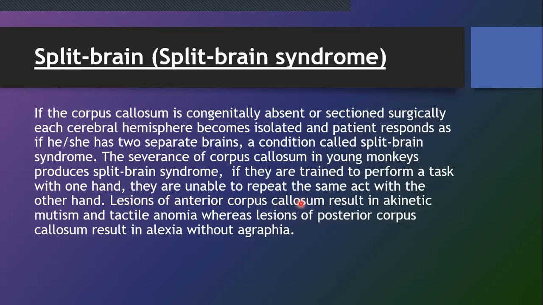Lesions of the anterior corpus callosum usually result in akinetic mutism and tactile anomia, whereas lesions in the posterior corpus callosum result in alexia without agraphia.